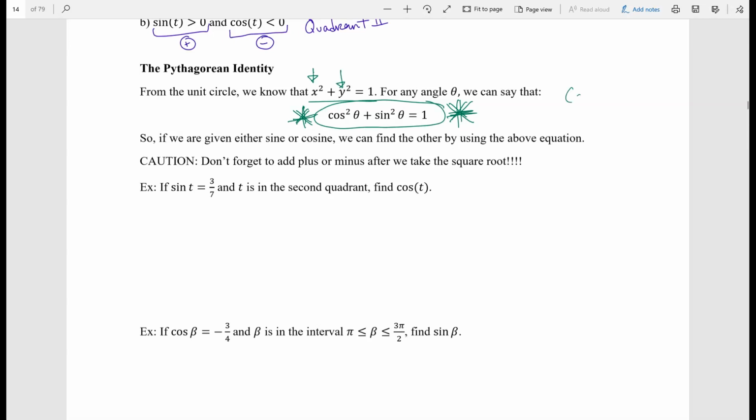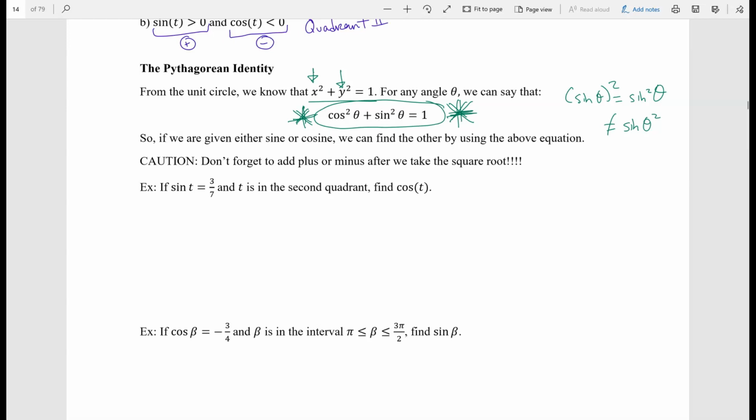Now usually we don't write sine of theta squared. We write sine squared theta. This is not the same as sine theta squared. That's not correct. What you're doing is squaring the whole thing, not just squaring the theta. You're squaring the entire thing.